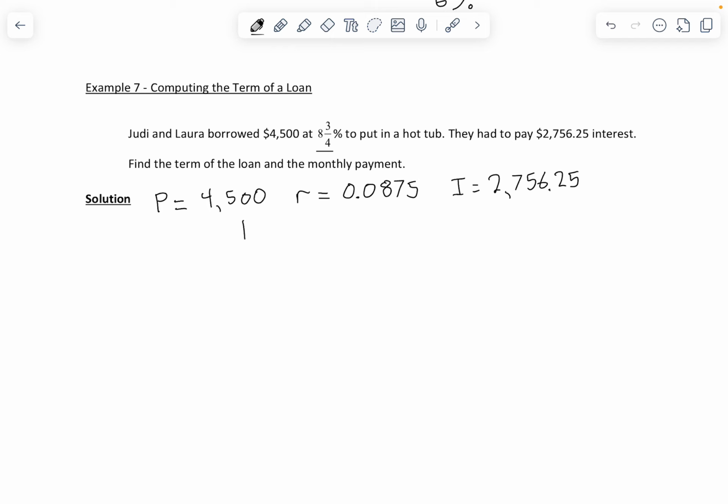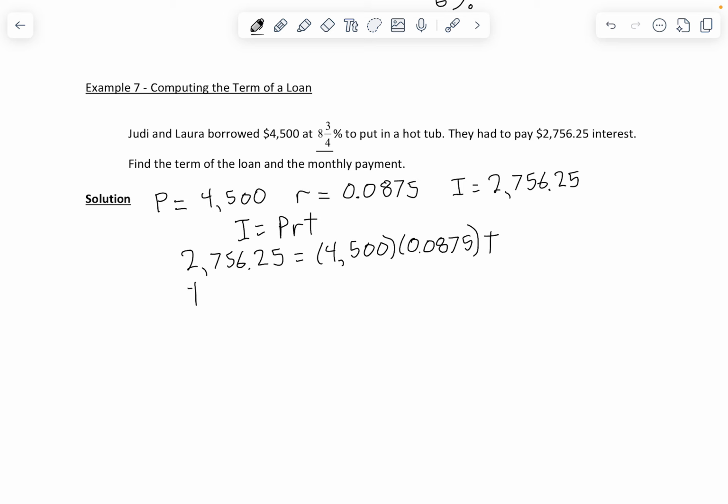So my simple interest formula, I equals PRT. Let's plug in the known values. I is 2,756.25. P is 4,500. R is 0.0875. T is what's unknown.